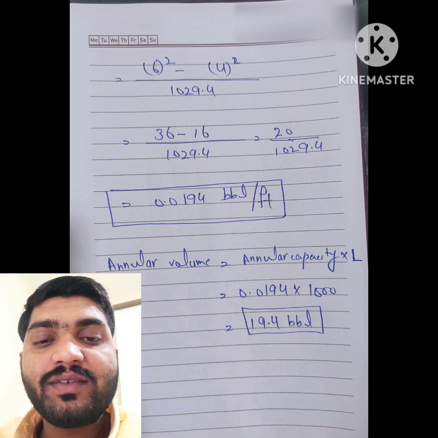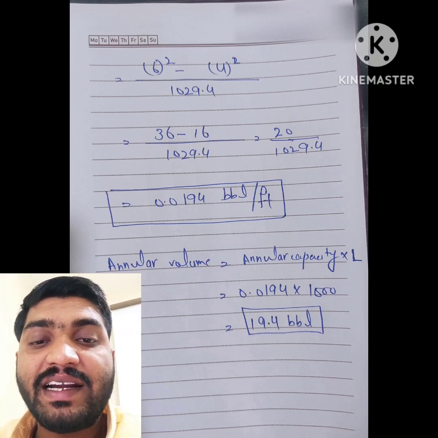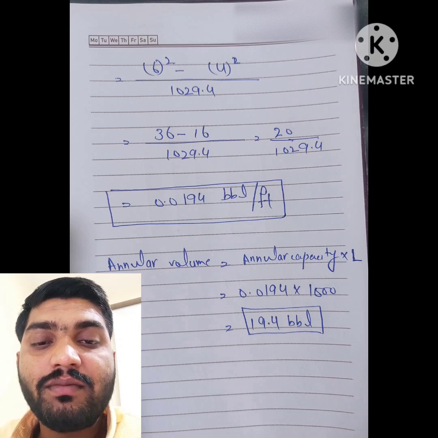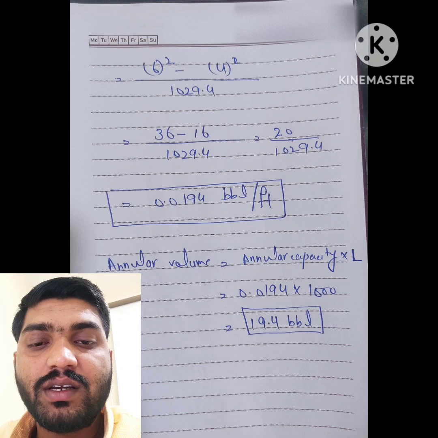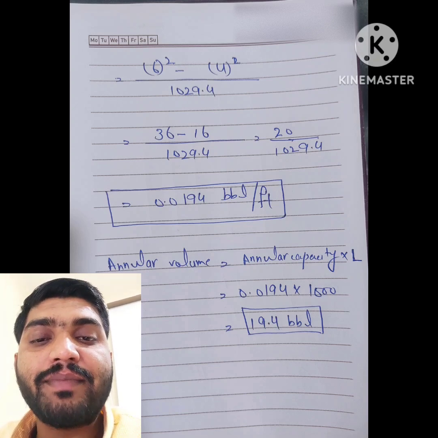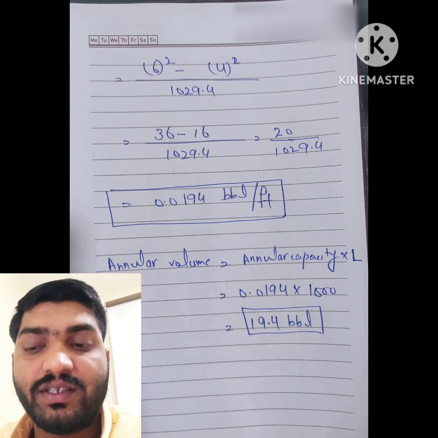This barrel per foot is basically the annular capacity, as I already defined: the fluid volume in the annulus inside 1 foot length, that is barrel per foot in the annulus.